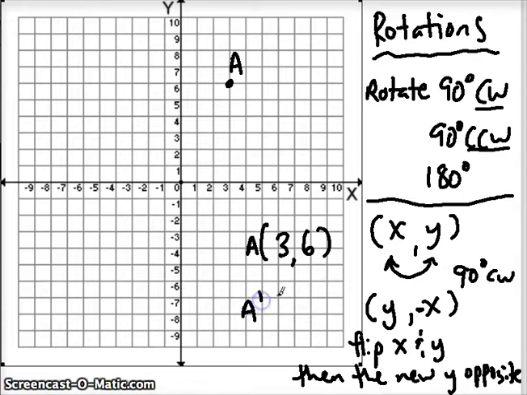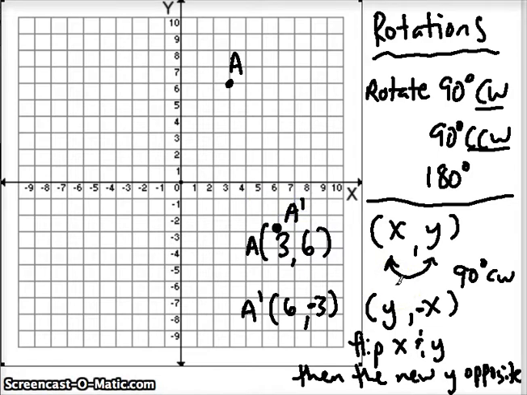So our A rotated is going to be, so far, 6, 3, but then we got to make sure our new y value, so now 3, is the opposite. So what's the opposite of positive 3? It's negative 3. So it's 6, negative 3 right there, that is our A rotated.